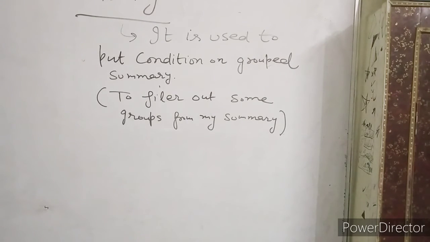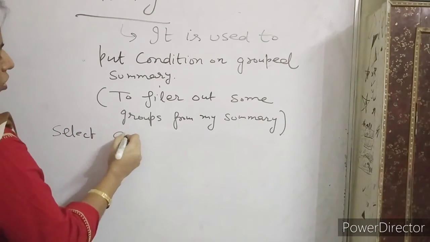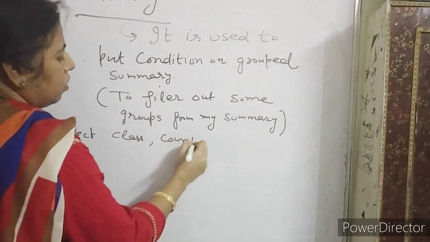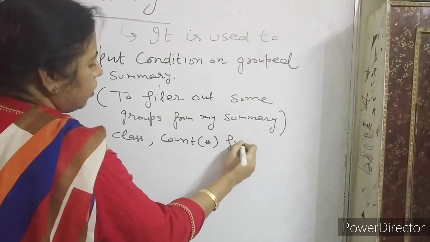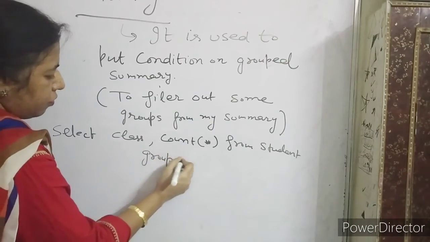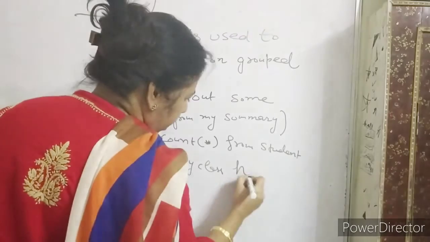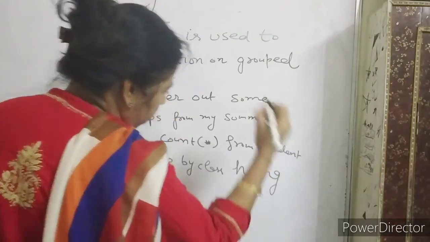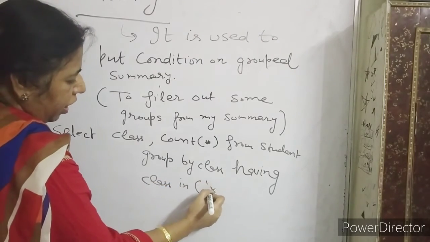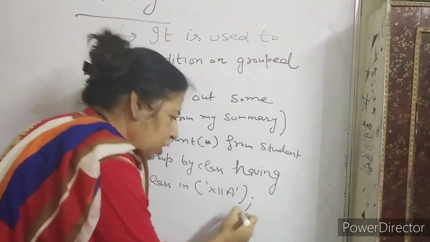If I am writing here the query of grouping, understand, select class, comma, count star from student, group by class. This query you understand? Now I am putting here having class in, suppose I am writing here, in 12th A. Now what does this mean?